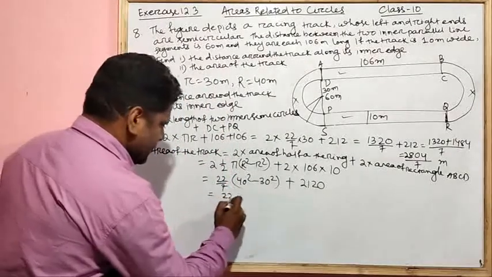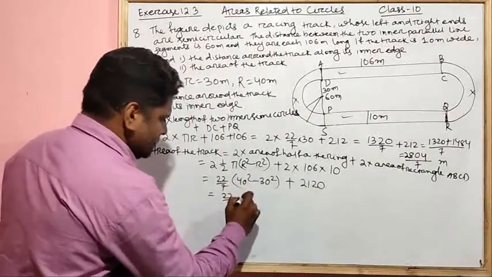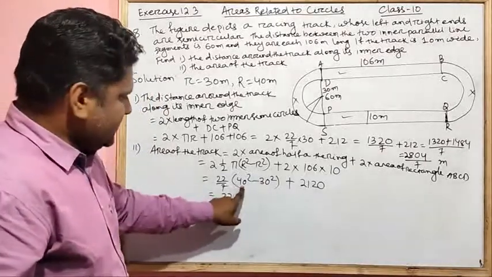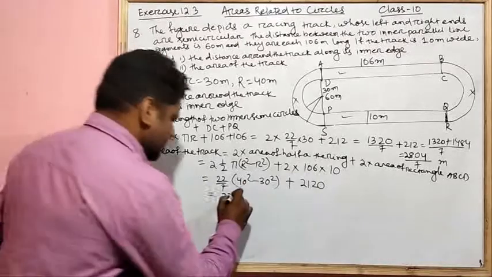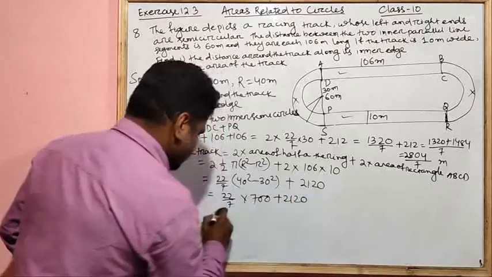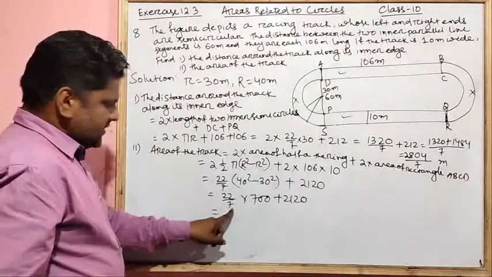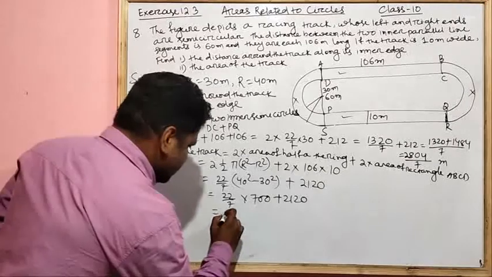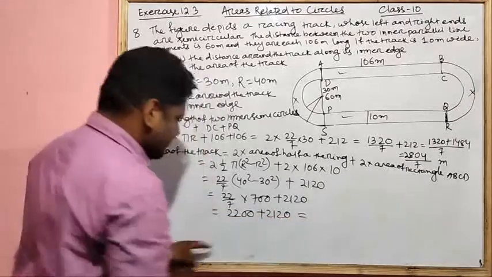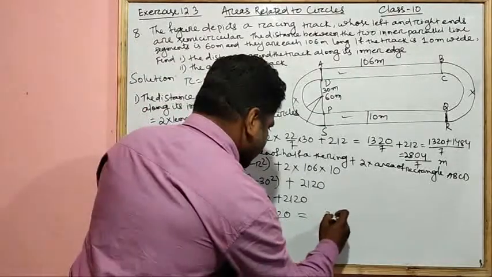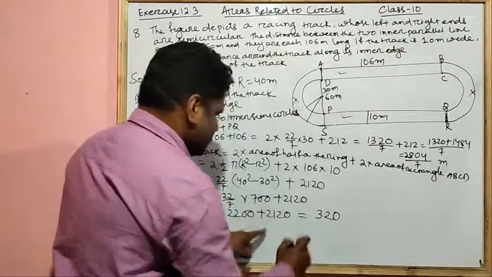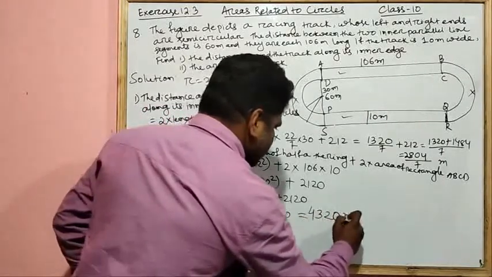So 22 by 7, 40 square is 1600 and 30 square is 900. 1600 minus 900 is 700, plus 2120. 700 by 7 is 100 into 22 is 2200. 2200 plus 2120 will be equal to 4320 meter square.